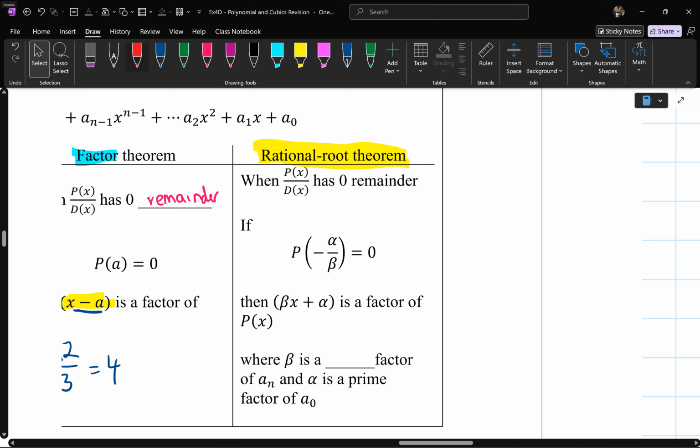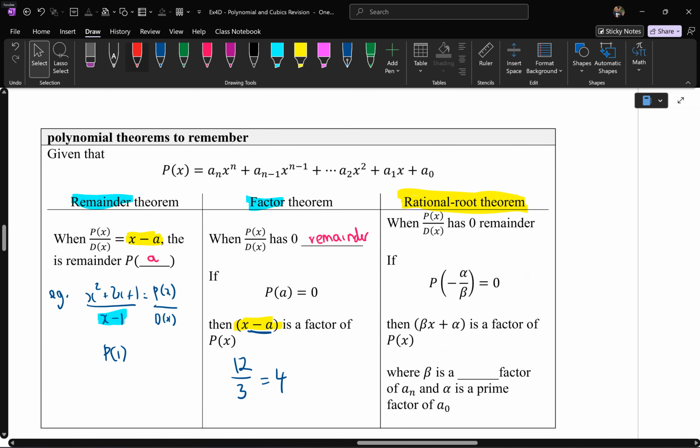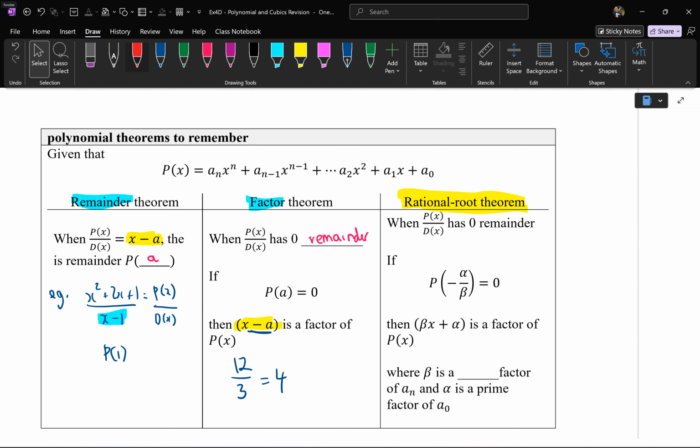What you'll find is that if you look at it overall, that in front of x is responsible for the coefficient at the very front of the first term. Okay? And then a has got to be a factor of the last term, just logically.